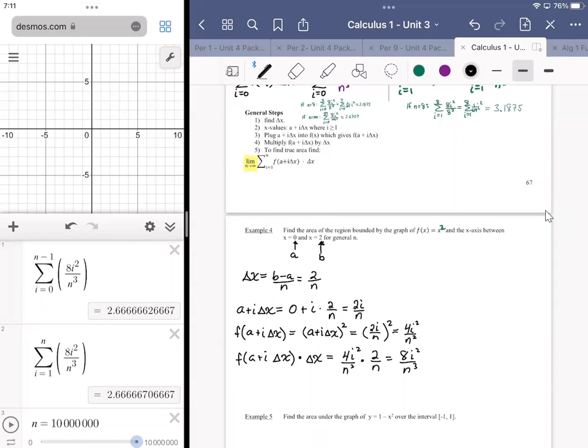So what we're going to do again is find the sum from i equals 1 to n of f of a plus i delta x multiplied by delta x, which in turn is really the same as saying the sum from i equals 1 to n of 8i squared over n cubed.